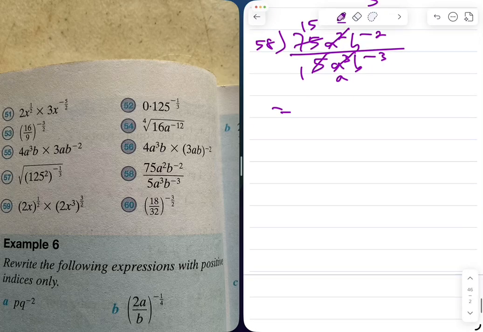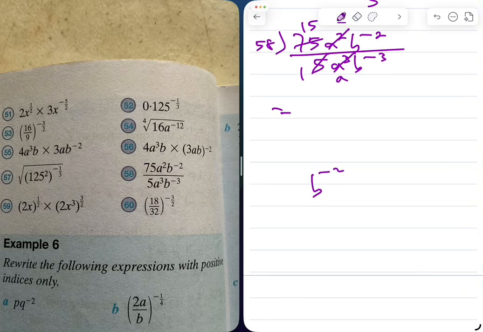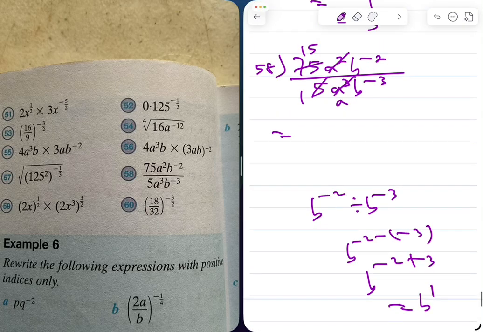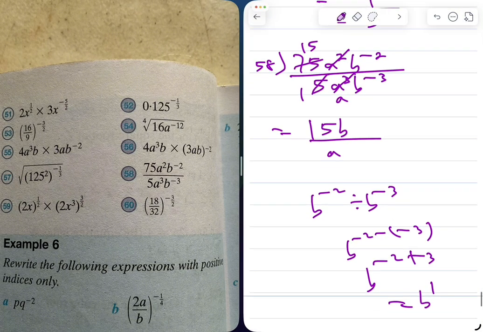And b raised to the power minus 2 divided by b raised to the power minus 3 is the same as b raised to the power minus 2 minus minus 3, which is b raised to the power minus 2 plus 3, which is b raised to the power 1. So that's 15b over a.